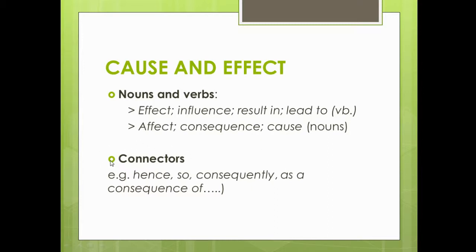And also, very importantly, connecting phrases. Hence, so, consequently. As a consequence of the rise in house prices; as a consequence of the rain, I stayed home. So a good range of this kind of language, of these kinds of words, connectors, and phrases, is very important when trying to express cause and effect relationships. So the examiners are going to be listening out for these types of words and these types of structures.